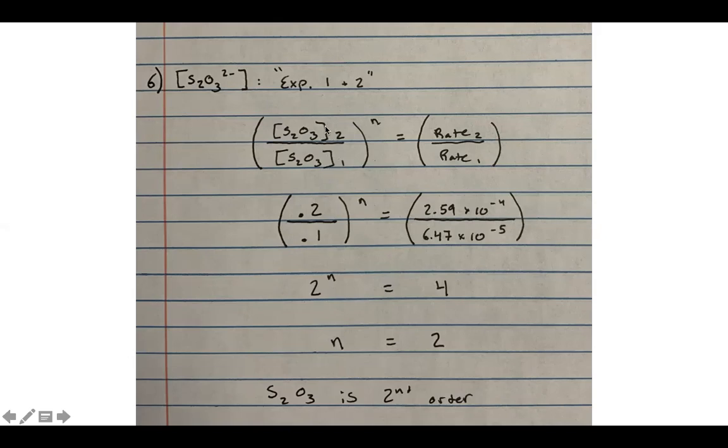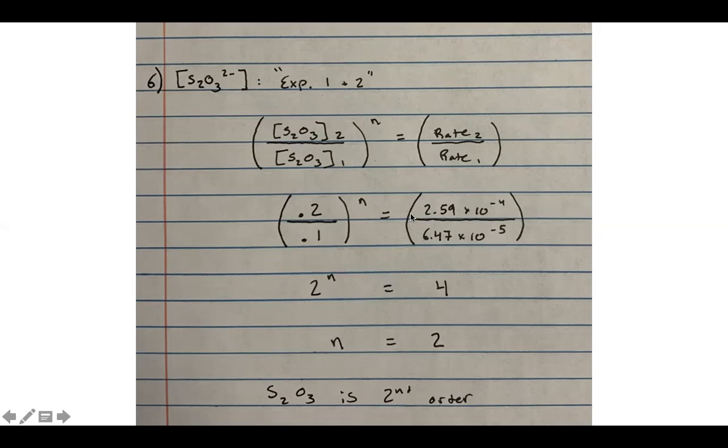Okay, so I'm just going to plug in my concentrations from experiment 2 and experiment 1. So S2O3 was 0.2 molar in experiment 2 and 0.1 molar in experiment 1. And that ratio raised to the n power, which is the order for this reactant, is going to be equal to the ratio of our rate in experiment 2 divided by our rate from experiment 1.